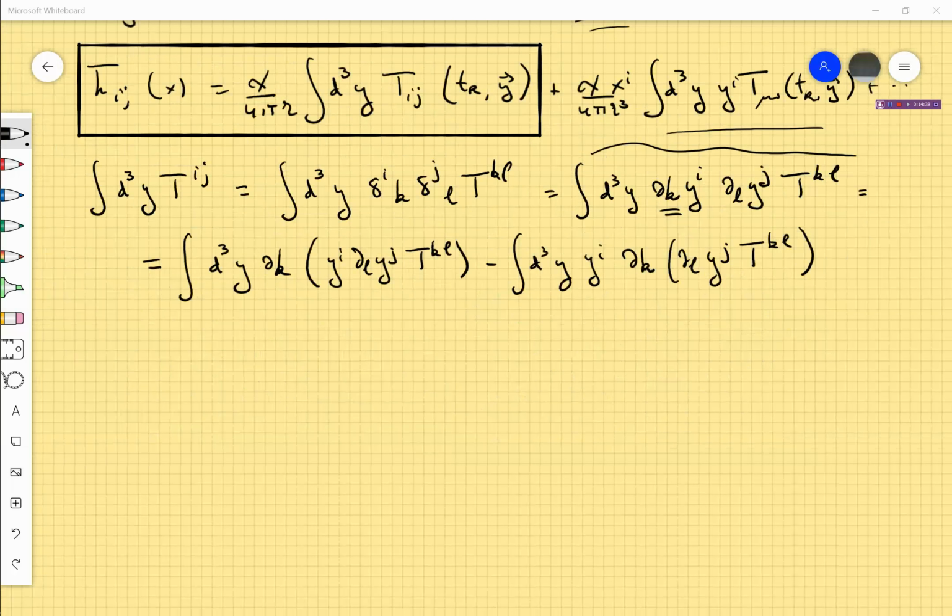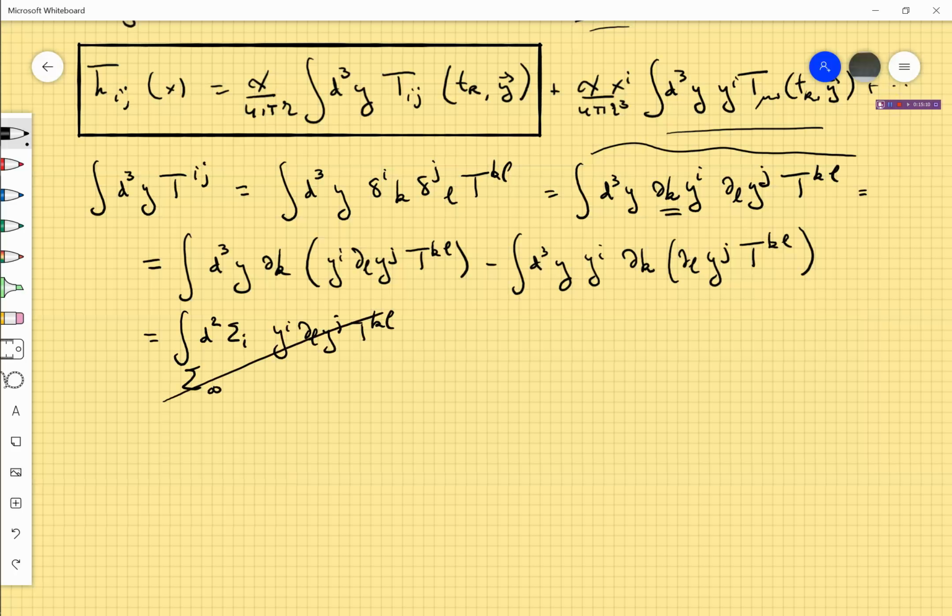Now if you use Gauss theorem for this volume integral, you will get an integral over the boundary at infinity of y^i ∂_k y^j T^kl, but we have assumed that the energy momentum tensor has compact support, so it will vanish at infinity, and when you evaluate this at infinity, it gives you 0.